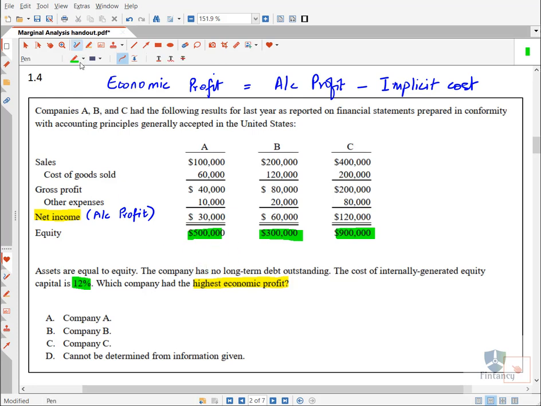Then you will compare which of these companies gives you the highest economic profit. I am giving you 30 seconds for this. Please try and let me know your answers.